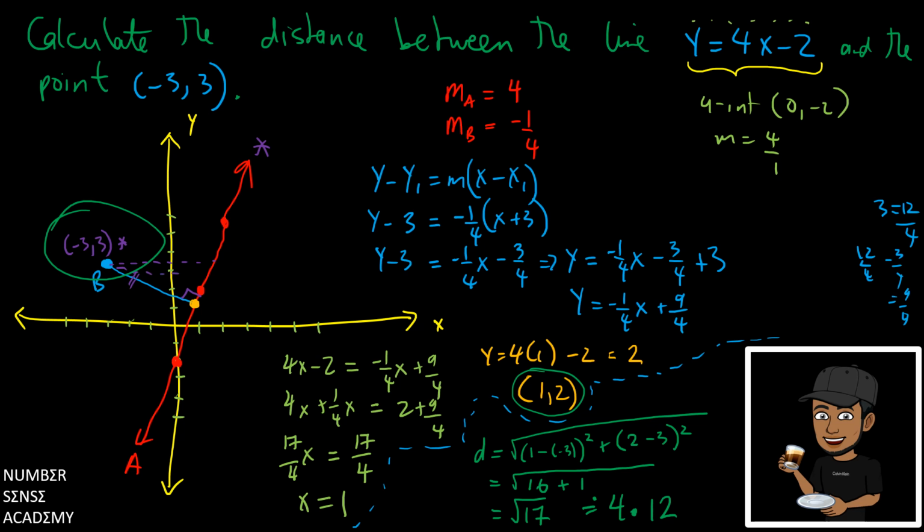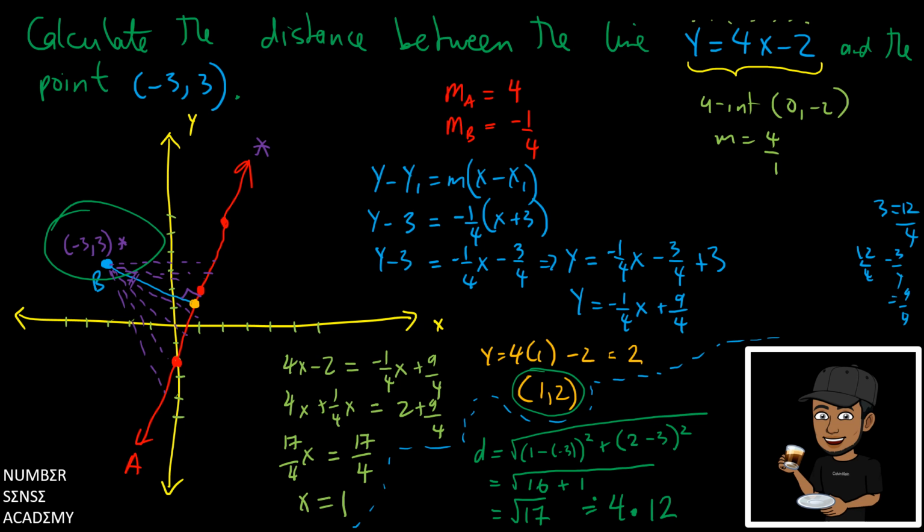If it's not perpendicular, then we start creating these diagonal lines, and they become further and further away. We can't just jump to the midpoint because we don't know if it's actually meeting at the midpoint. You can only find the midpoint of a line segment. You can't find the midpoint of a line.